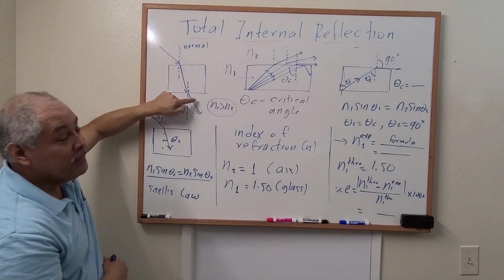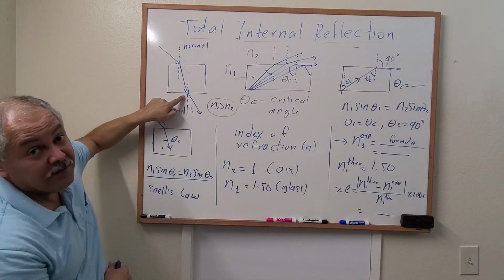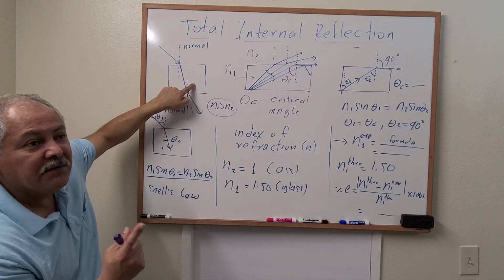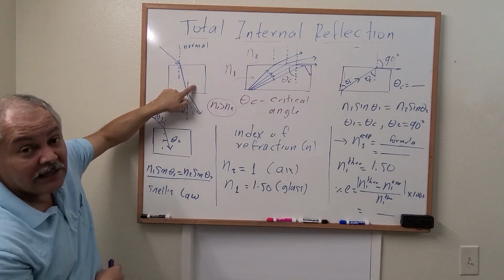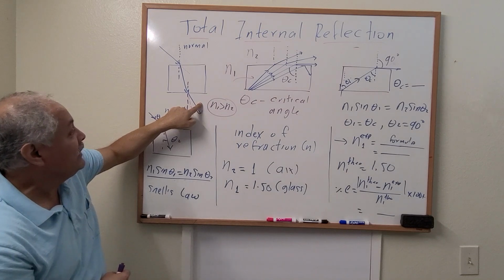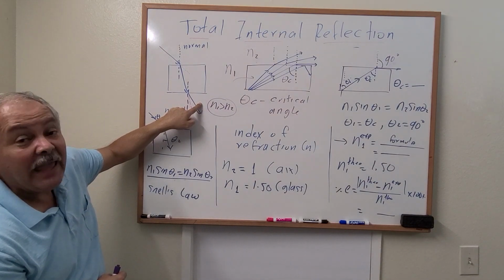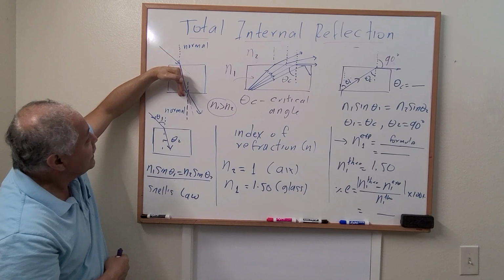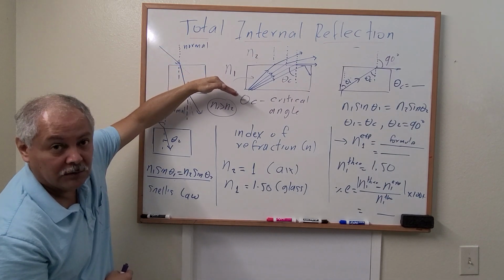Again, this is when the index of refraction is greater than the index of incidence. Now let's go to the picture right here, in the other interface. Here the index of refraction of incidence is glass, and the index of refraction of the second medium is going to be air. In that case, what do we have? Well, this incident ray is now refracted away from the normal.